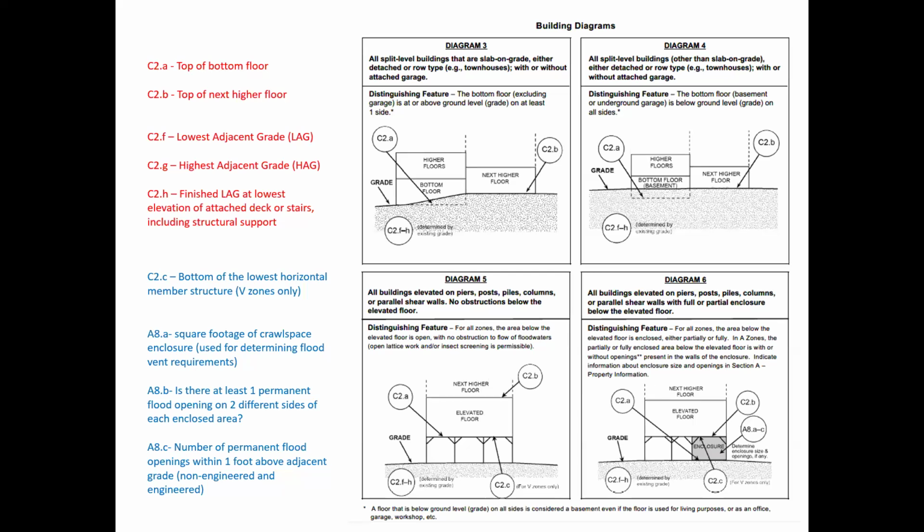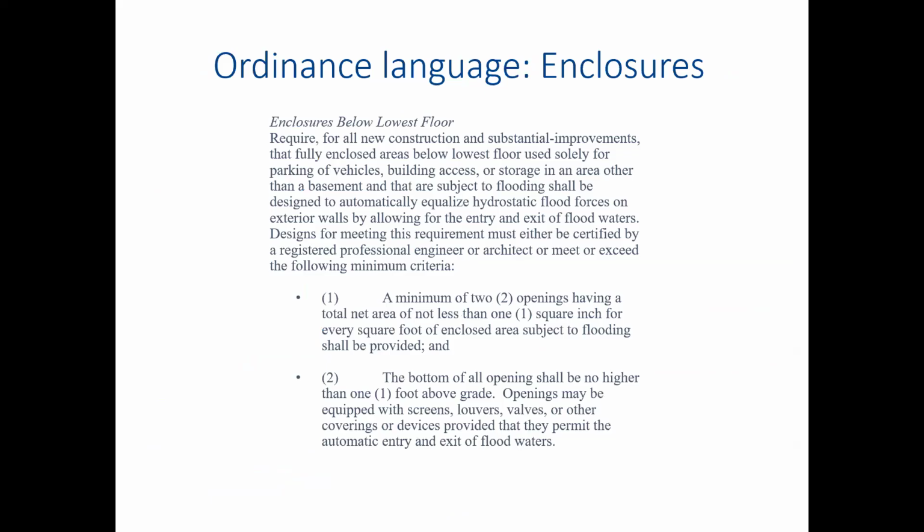The lowest floor of an enclosure, which is different from the lowest floor usually, but that goes a little bit into permitting and stuff. But enclosures below the lowest floor. So these are areas that are only used for parking, storage, and building access.